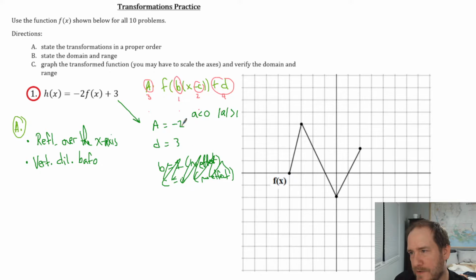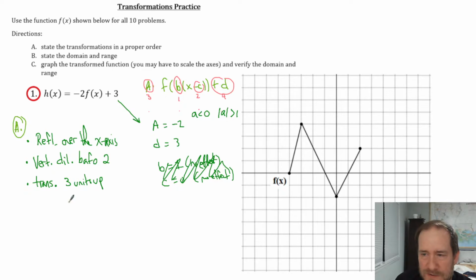And here is where you don't want the reciprocal. You'll say we're vertically dilated by a factor of 2. The A value is 2, give me 2. And then the last thing that happened is we were translated 3 units up. So in terms of describing the transformations, I hope that was pretty straightforward.